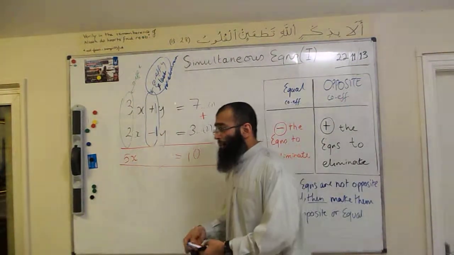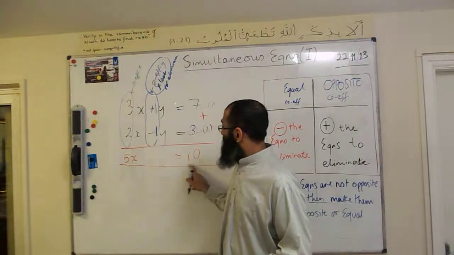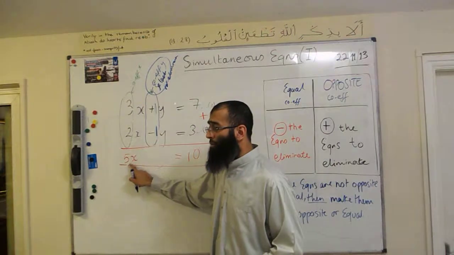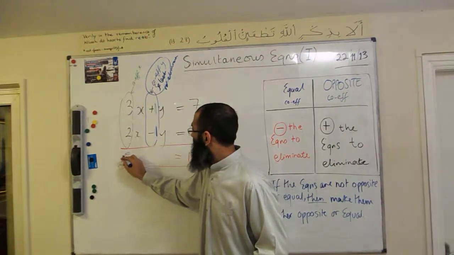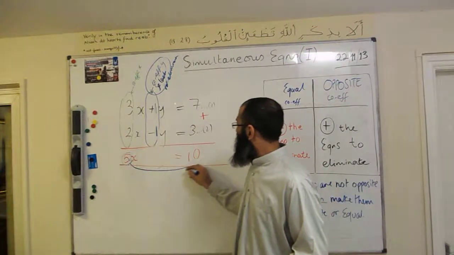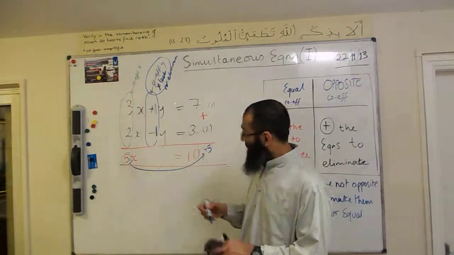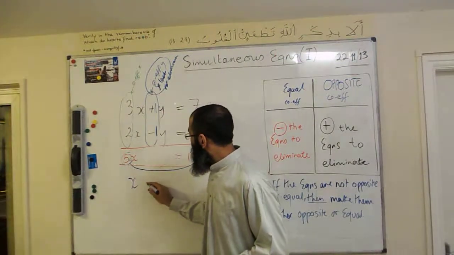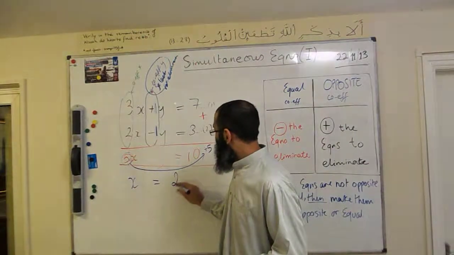We are in a much happier situation because we only have one unknown, which is the x. How do I get rid of a multiply by 5? I take the multiply by 5 from the left hand side to the right hand side, and it becomes a divide by 5. 10 divided by 5 is 2.